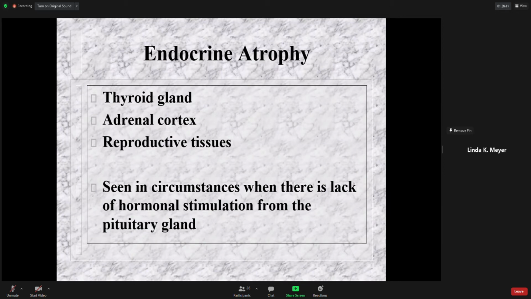Common ones affected by endocrine atrophy are the thyroid gland, which may not be getting enough thyroid stimulating hormone, or the adrenal cortex, which is possibly not getting adrenocorticotropic hormone. And then some of the reproductive tissues, like the uterus, may not be getting the normal hormonal stimulus, and it shrinks down.